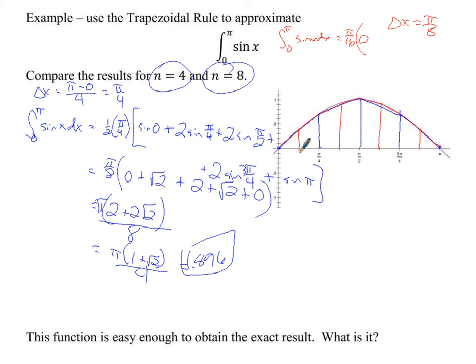We don't know that one. So what are we going to have to do? Calculator. It's not that bad. 0.765367.